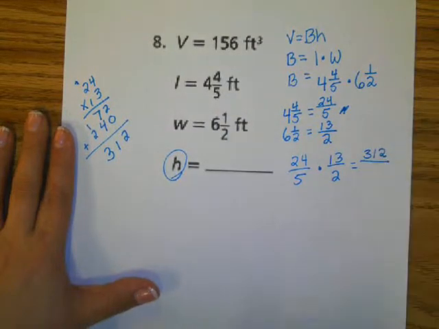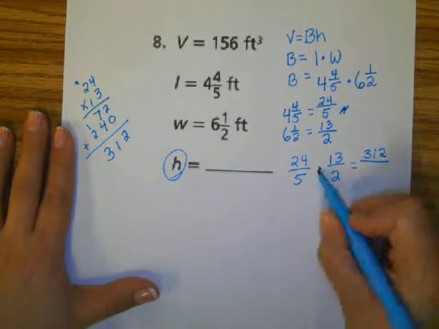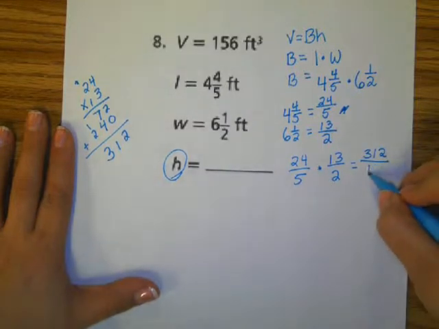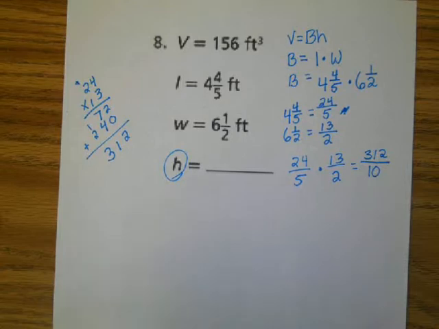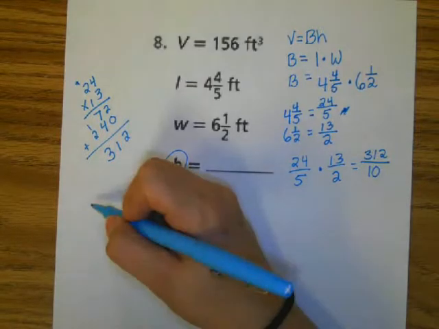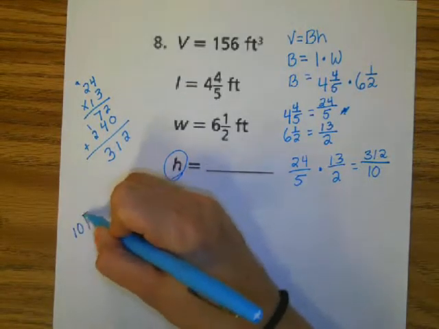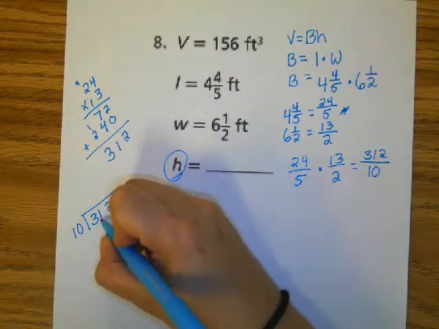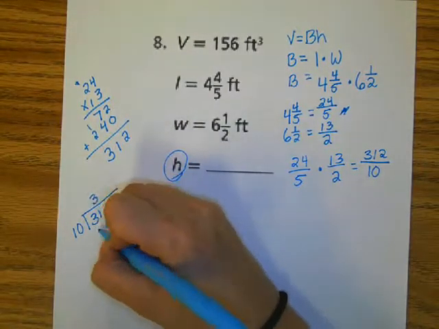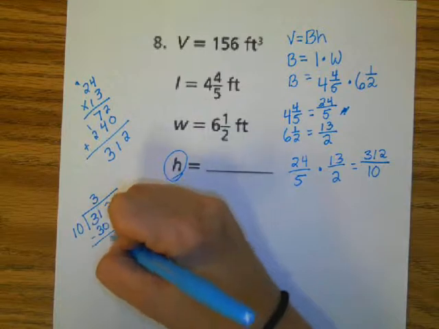I have 2 left over. Kyle? You could make the leftover 2 into 2 tenths and simplify. That would be 31 1/5. Okay, so 2 tenths, which we know we can simplify to 1/5. So then my base would equal 31 1/5.